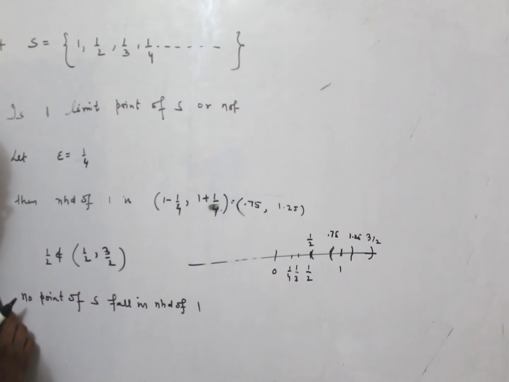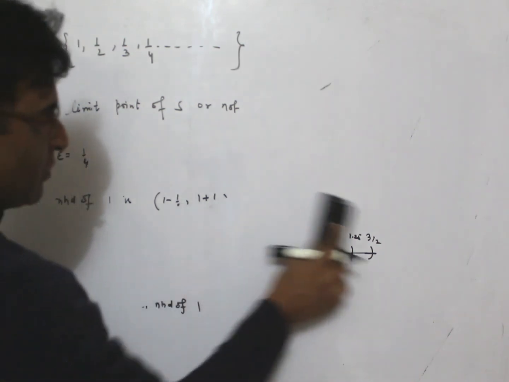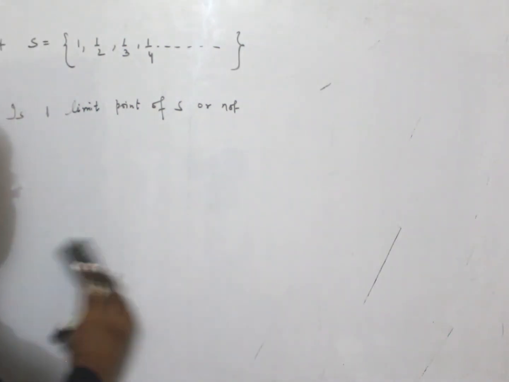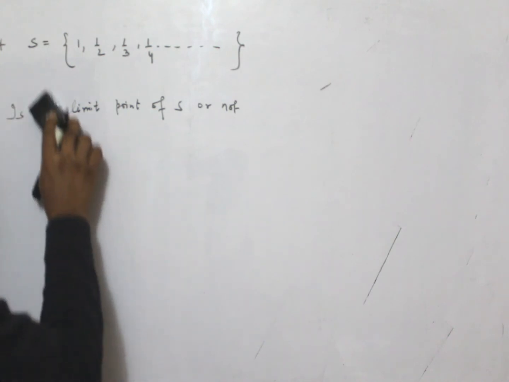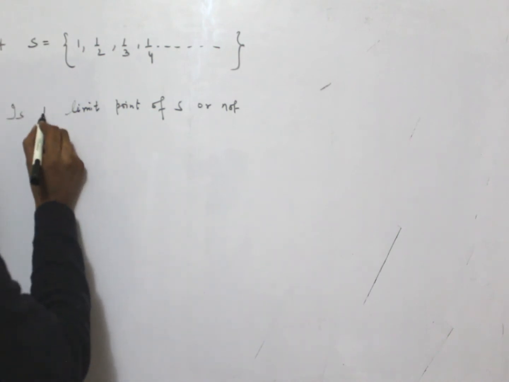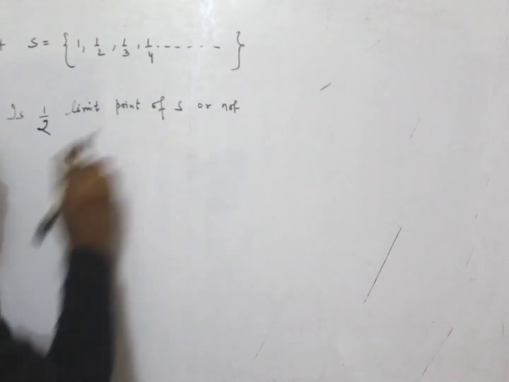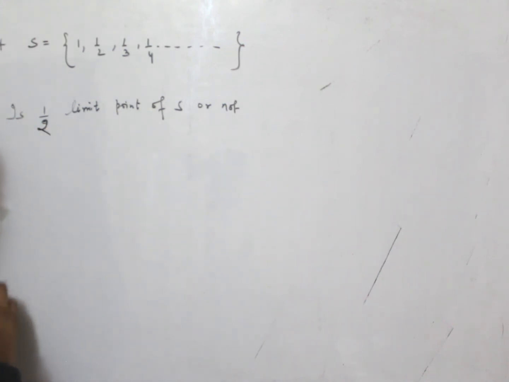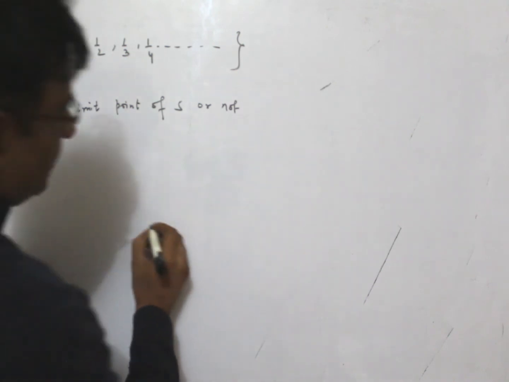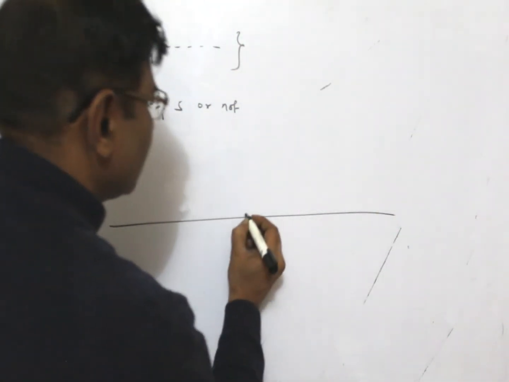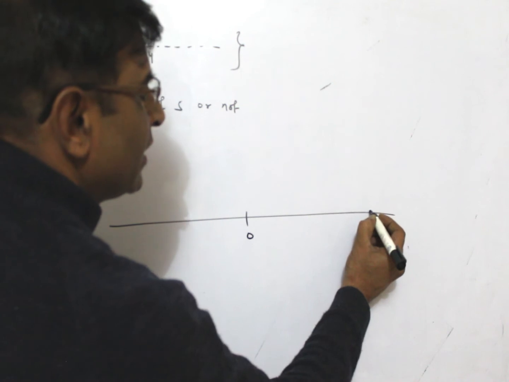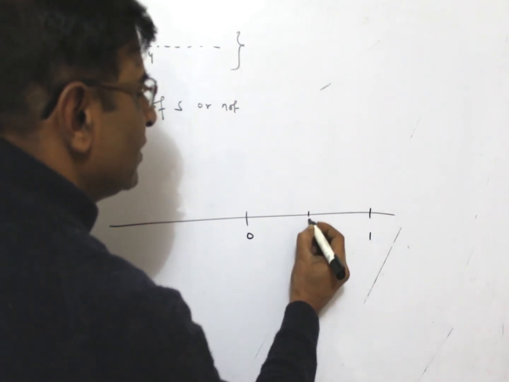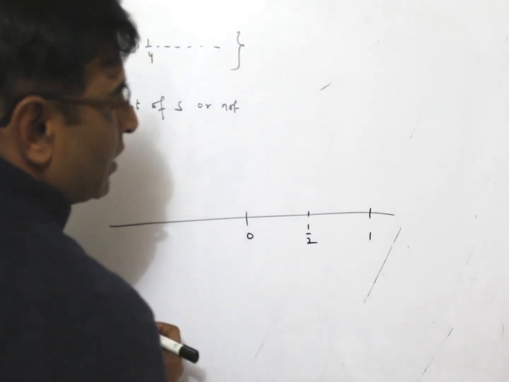Similarly, if I change the question, like I ask, is 1 by 2 a limit point of S or not? Say this is our S, this is 0, this is 1, and this is 1 by 2.